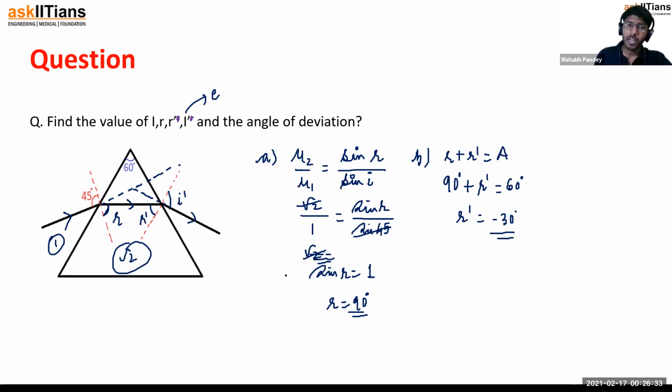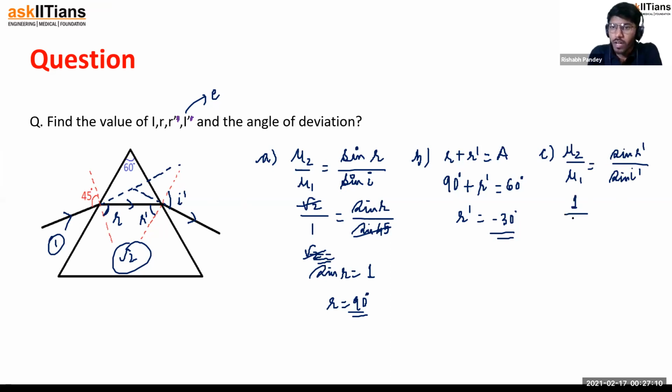If I talk about the angle of emergence, can Snell's law be used again in this case? That is mu2 by mu1 is equal to sine r dash upon sine i dash. Mu2 will be 1, isn't it? The light ray is entering into the air. And mu1 will be root 2.